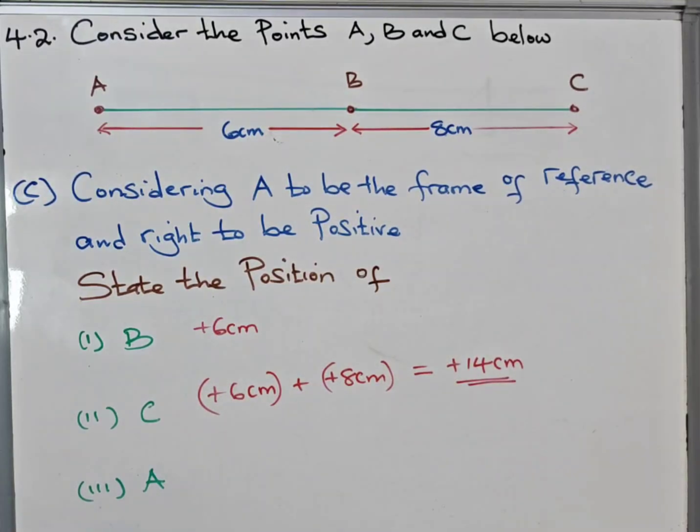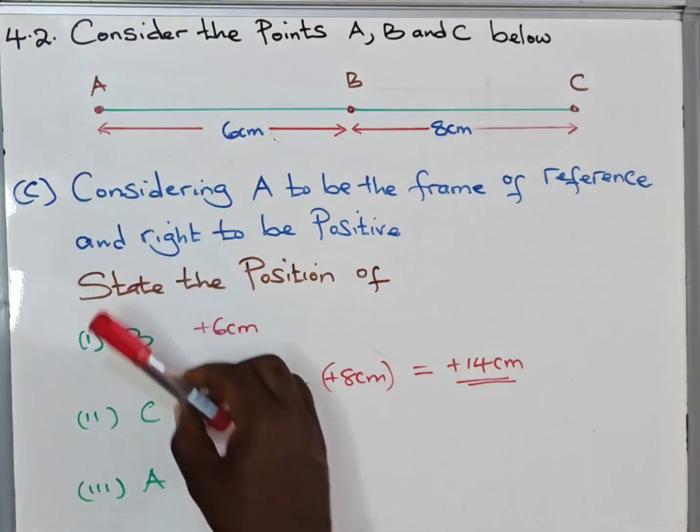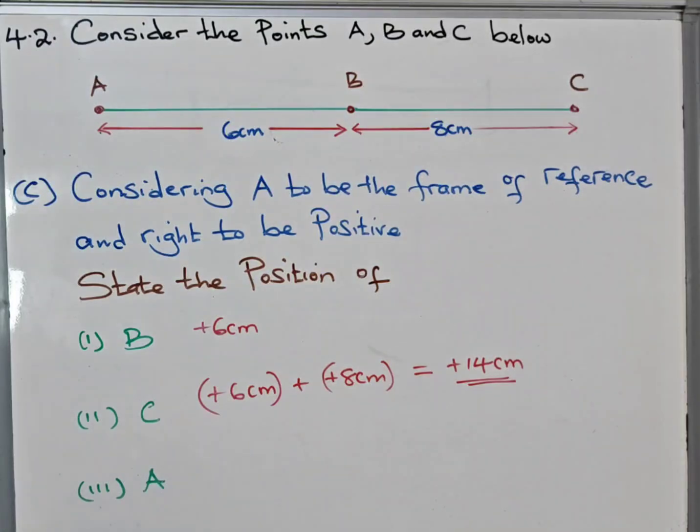I need to remind you that to the right is positive. Then we come to A. This is our point of reference. What is its position? It is 0 centimeters.